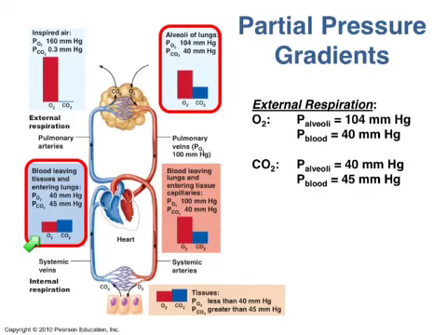So let's draw in our respiratory membrane. Remember, alveolar wall in black, capillary wall in red, basement membrane in blue. We have two partial pressures that we're primarily concerned with, oxygen and carbon dioxide.